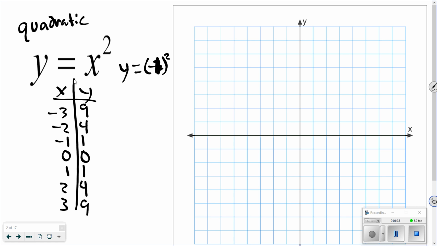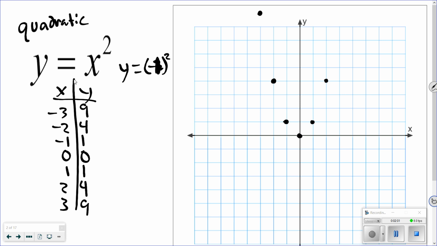Okay, let's take those points and graph them and see if we can get an idea of what this graph looks like. So I've got -3, 9. So that's just off my graph. It's right up there. I have -2, 4. I have -1, 1, 0, 0, 1, 1, 2, 4.